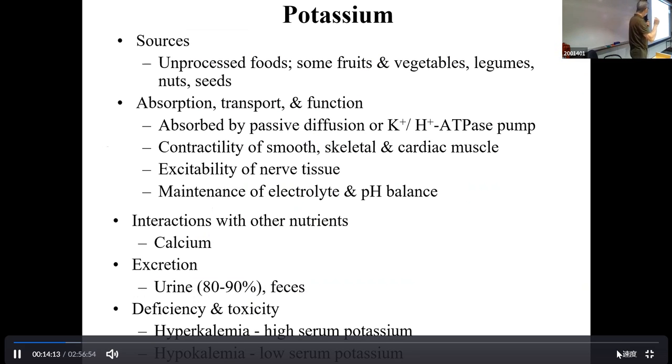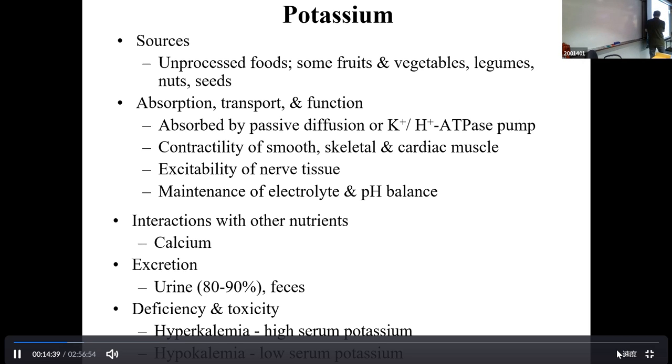Potassium, as I said, is an important electrolyte, and it serves as one of the major intracellular cations. Now, sodium and potassium are excreted in a fairly effective way.